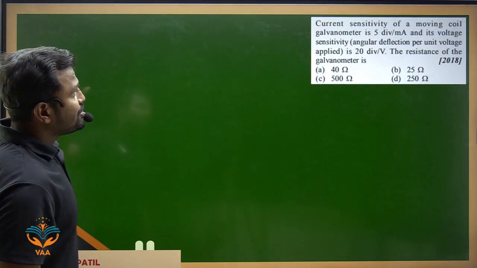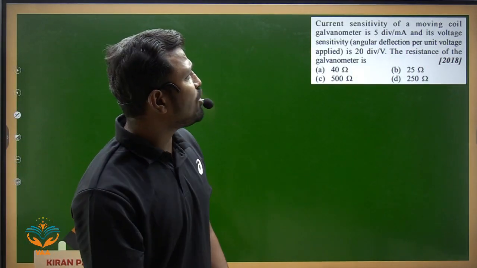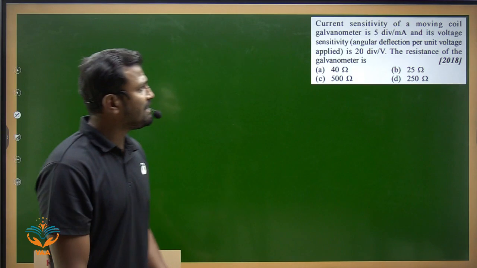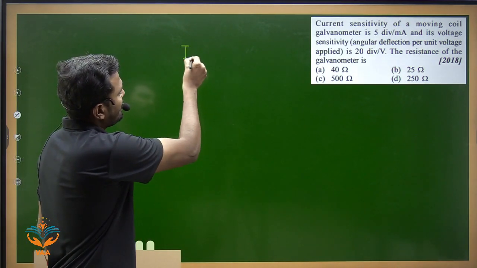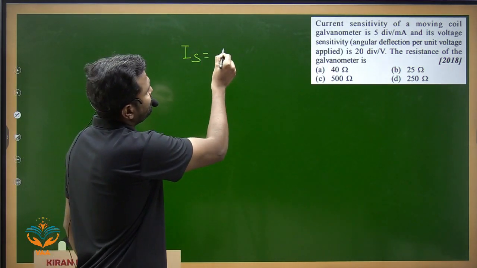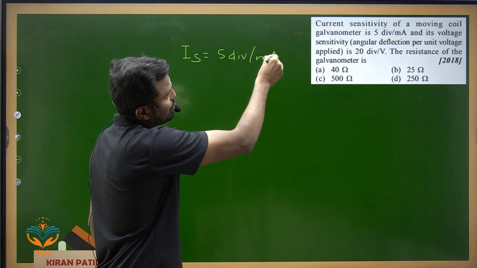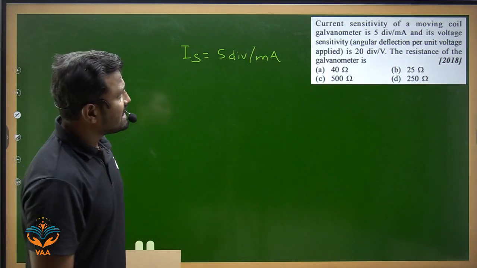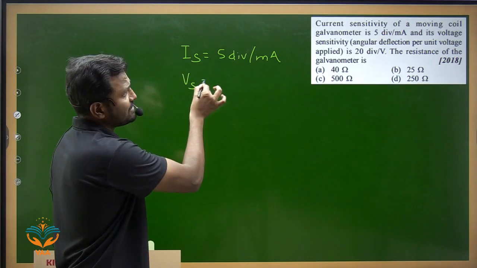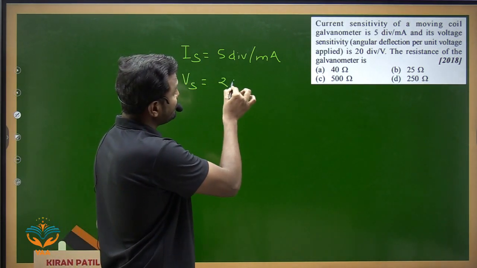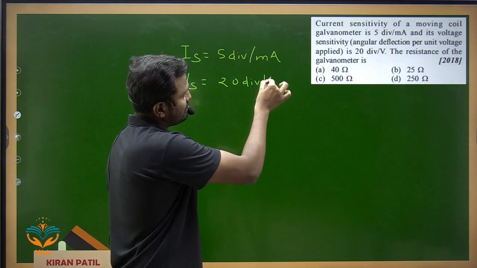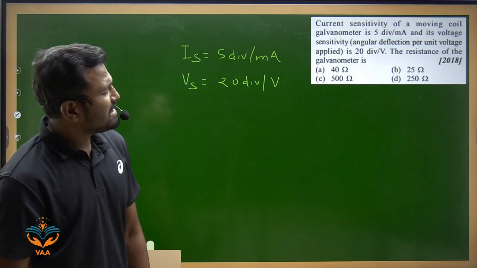Now let us see the next question. The current sensitivity of a moving coil galvanometer is 5, so they have given me IS, which is 5 divisions per milliampere. The voltage sensitivity VS is given as 20 divisions per volt. Now we need the resistance of the galvanometer.